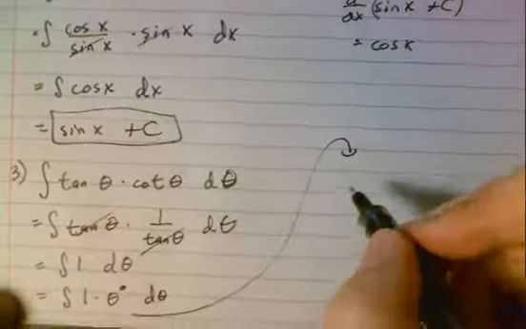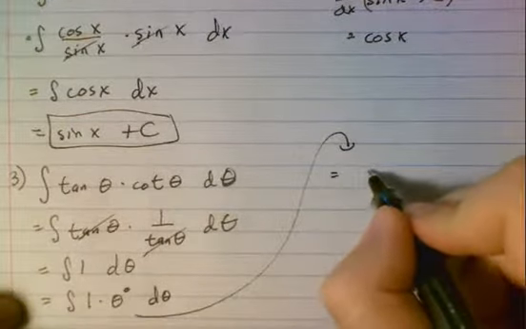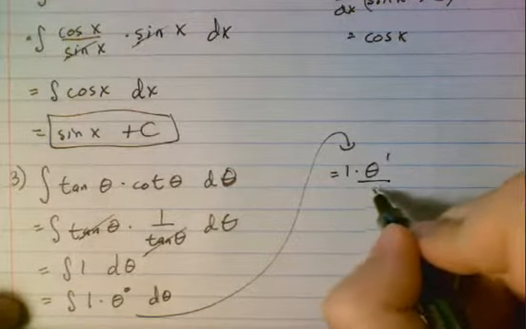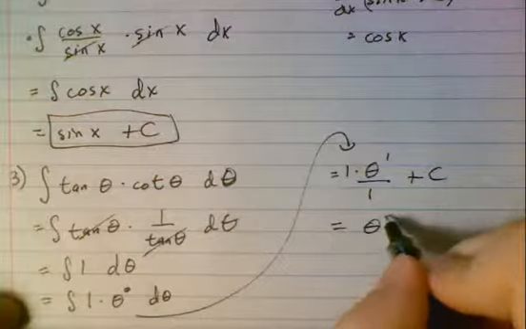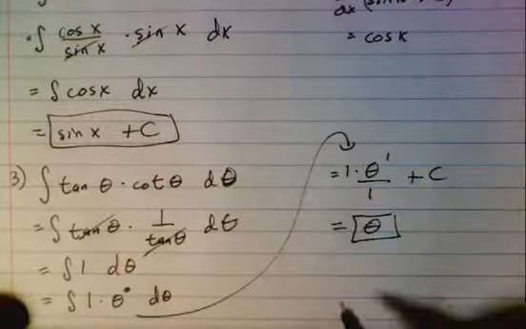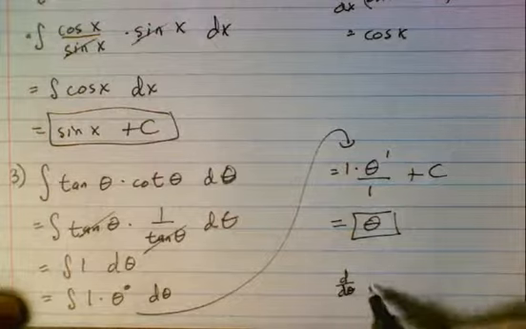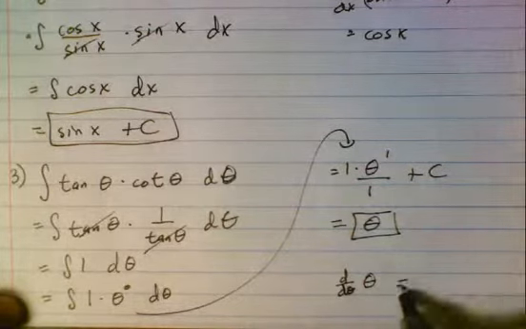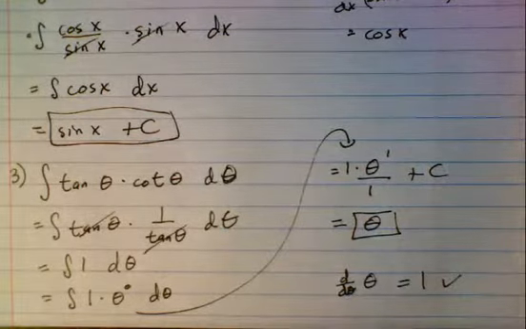So just like we would do with any other variable, we're just going to add 1. That's theta to the first power, 1 times theta to the first power over 1, or just theta. Then when we go the other way to check it, the derivative of theta with respect to theta is just 1. It's exactly what we had. This concludes Antiderivatives 2 notes.